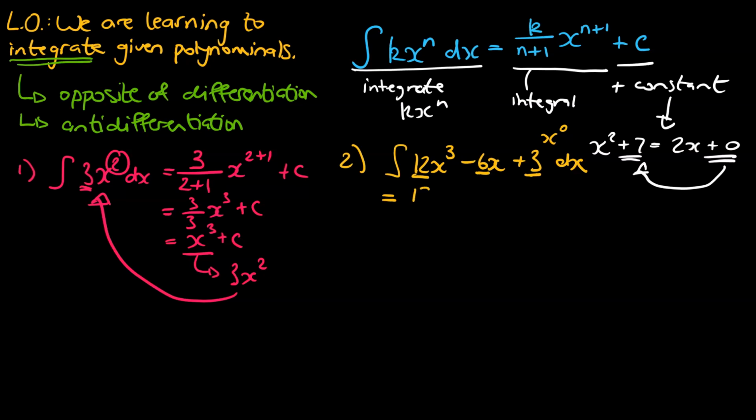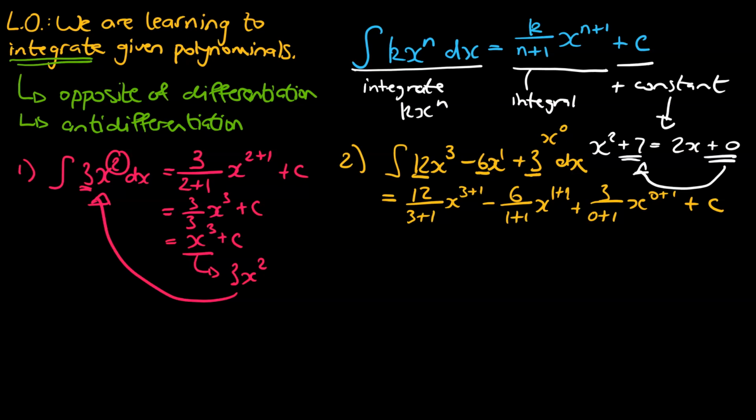So we go 12 divided by the power plus 1, times x to the power plus 1. We then minus 6, and x as a power would have been 1, so that's 1 plus 1, and x to the power of 1 plus 1 as well. Then plus 3 divided by 0 plus 1, because the original power is 0, and that's x to the power of 0 plus 1. Then we add c at the end.